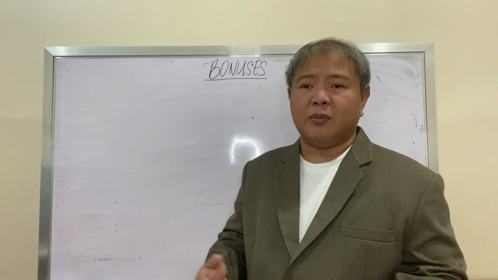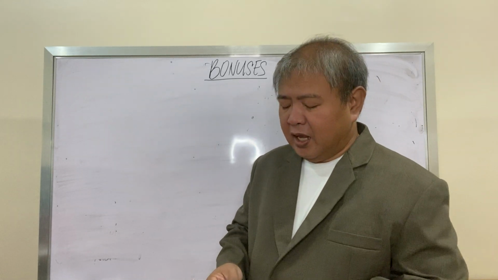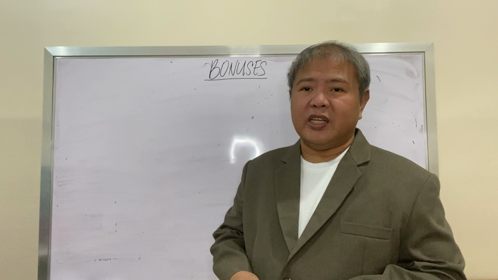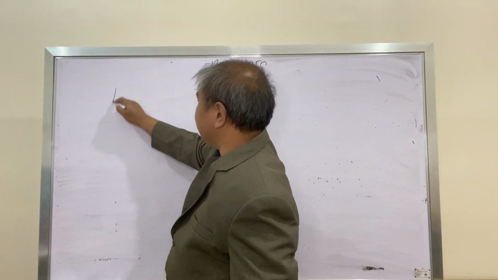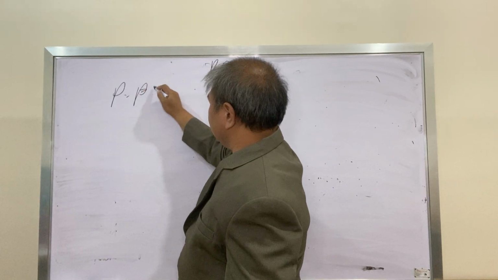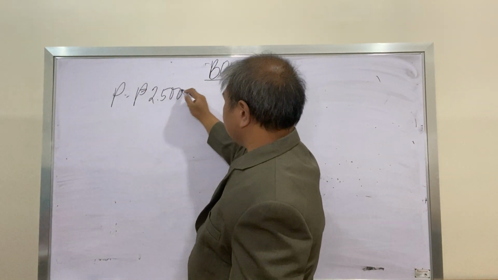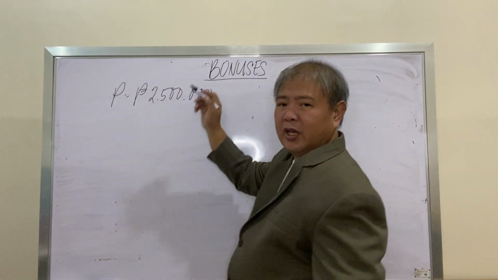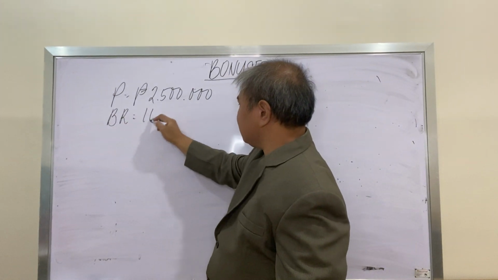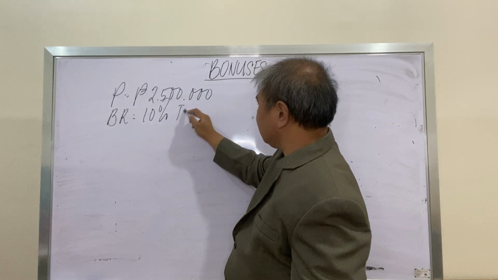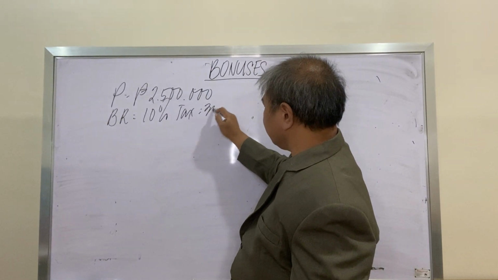It is a deductible expense for tax purposes, and this could be based on gross or the net profit of the entity. Now, let us assume that the company has profit of 2,500,000. And let us assume that the bonus rate is 10%, while the tax rate is 30%.